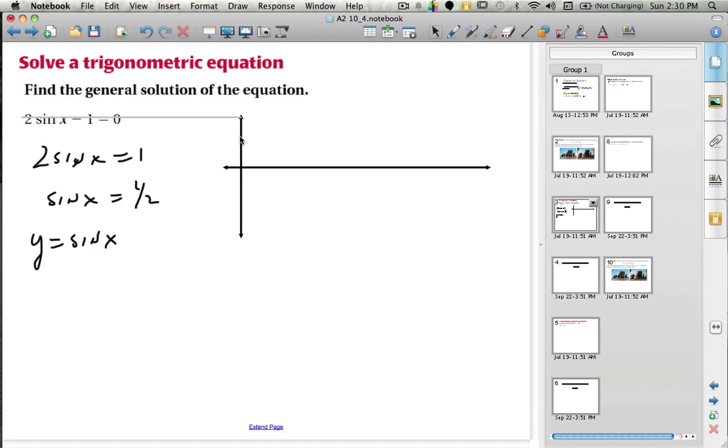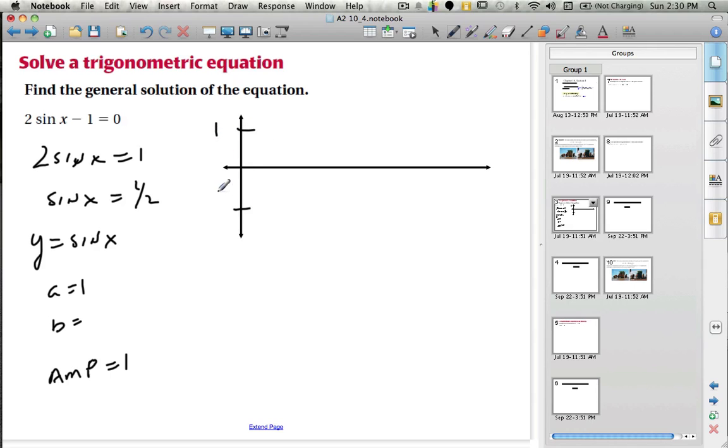I'm going to solve by graphing, because I think it's easier to show you. In this case, I know that A is equal to 1 and B is equal to 1. So my amplitude is 1. I don't have an h or k in this, so there's no shifting here.